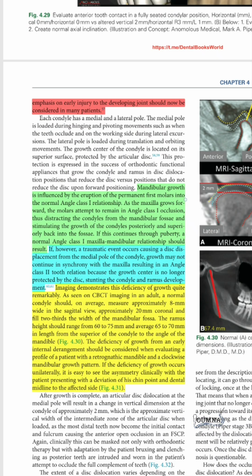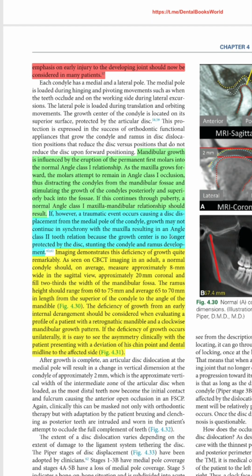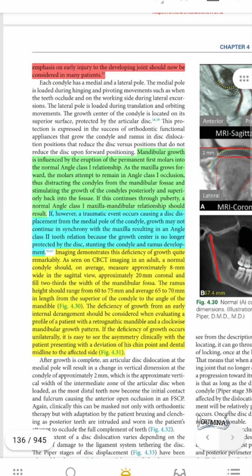The mandibular growth is influenced by the eruption of the permanent first molar into the normal Angle class 1 relationship. As the maxilla grows forward, the molars attempt to remain in this Angle class 1 occlusion, thus stimulating the growth of the condyles posteriorly and superiorly.